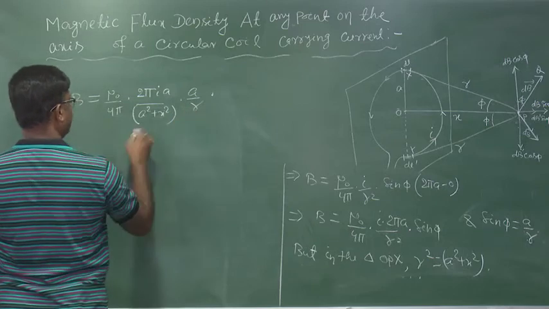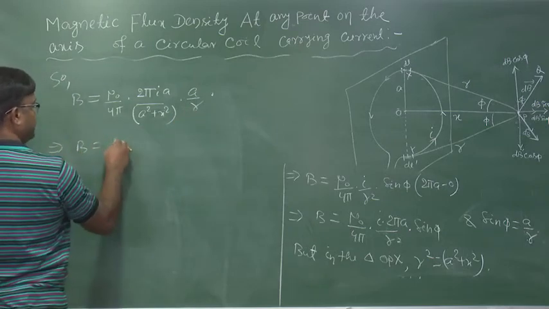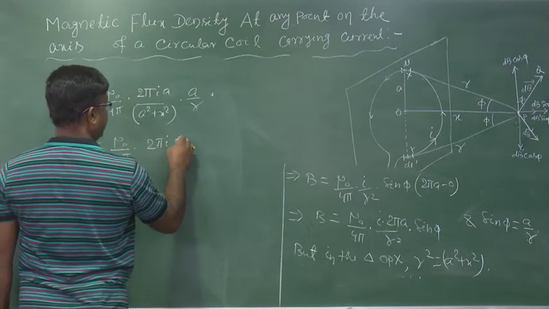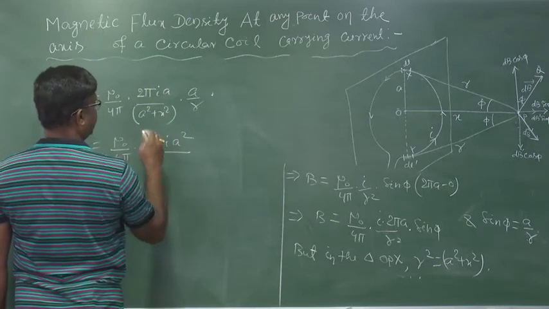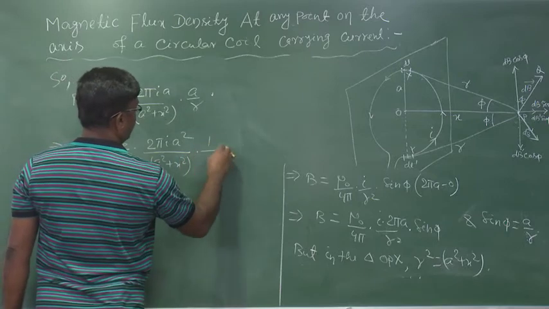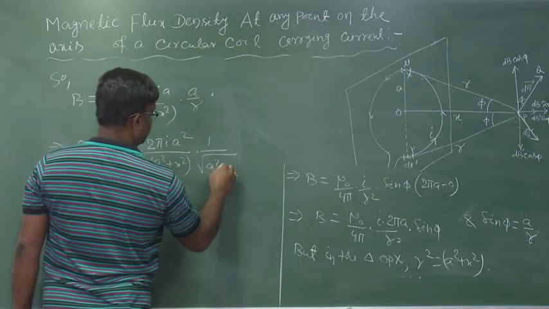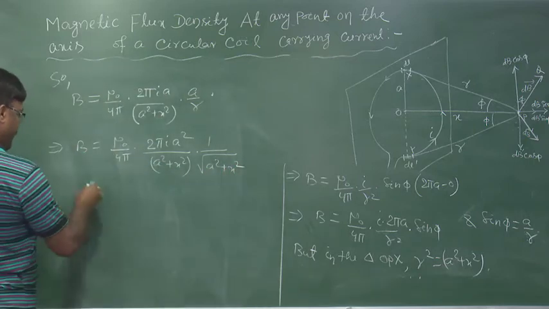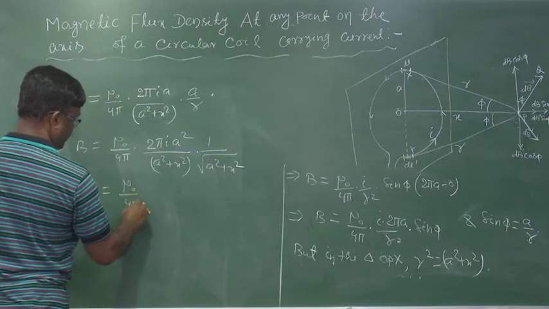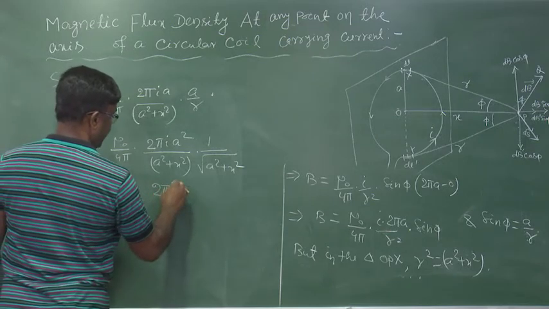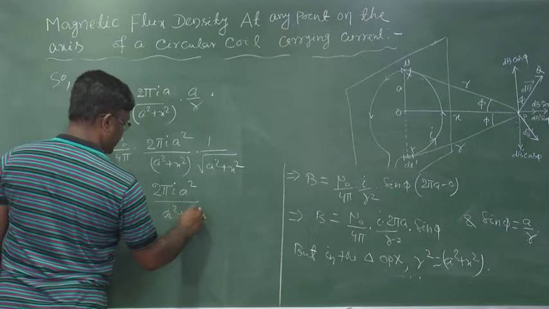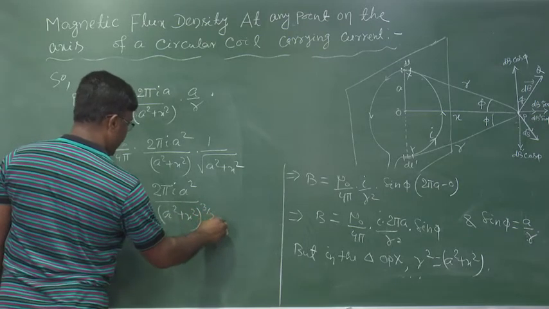This implies B is equal to mu 0 by 4 pi into 2 pi I a square divided by a square plus x square into 1 by root over a square plus x square, which implies B equal to mu 0 by 4 pi 2 pi I a square divided by a square plus x square whole to the power 3 by 2.